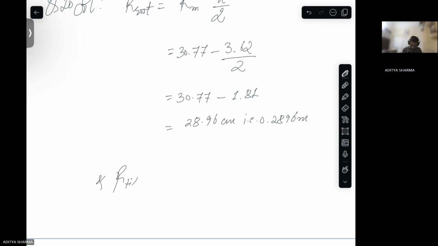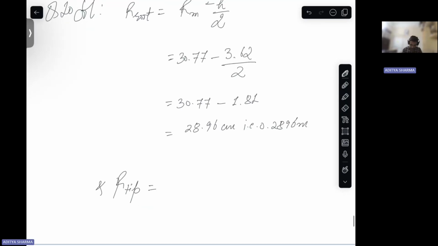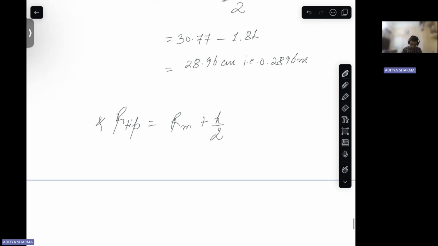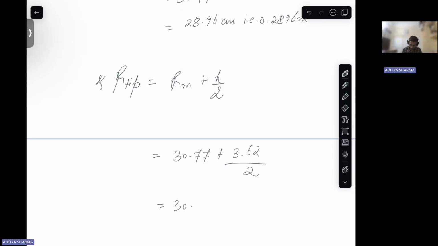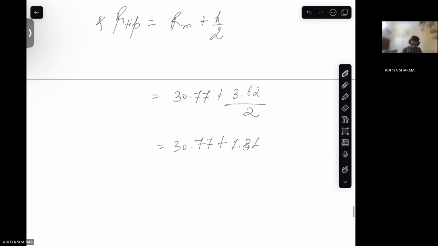And R tip is equal to R mean plus h by 2. So this is equal to 30.77 plus 3.62 divided by 2, which is 30.77 plus 1.81. So this is equal to 32.58 centimeter, that is 0.3258 meters.